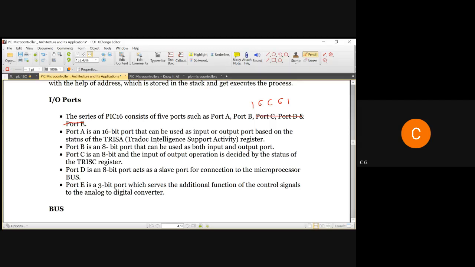So you have to access that and enable the port, and then this TRIS support is enabling or disabling the activity. To select port A, there are two conditions that you have to satisfy.